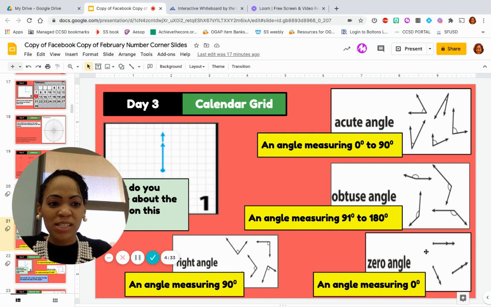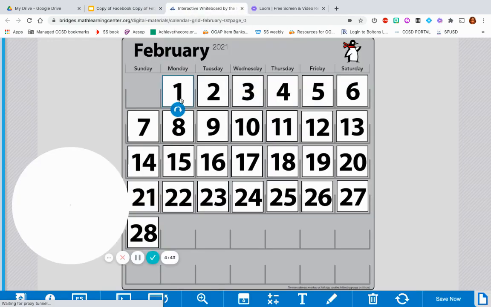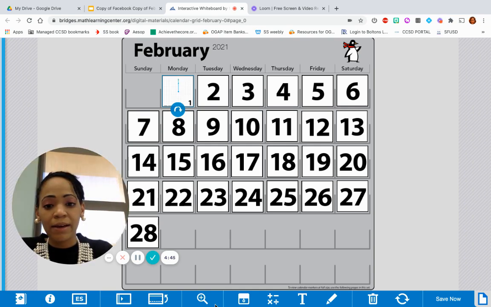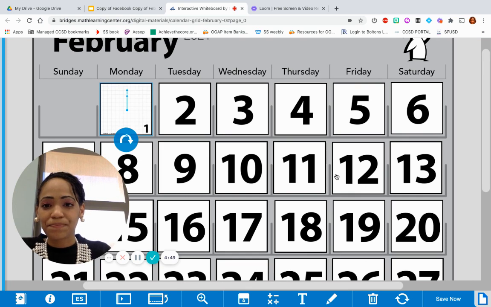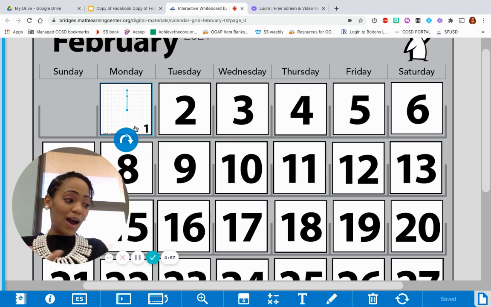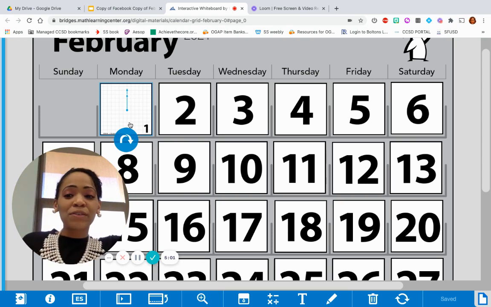And then we have something called a zero angle, where it makes no angle at all. And that's interesting because if we look at our very first calendar marker for today, we have a zero angle. Look at that. And how would we describe this line? Well, it's not a line, but it is a ray. It has an endpoint, and then it goes on forever in one direction.